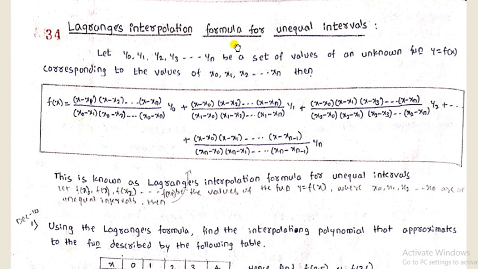Lagrange's interpolation formula for unequal intervals. Let y0, y1, y2, y3 and so on up to yn be a set of values of an unknown function y equal to f of x corresponding to the values x0, x1, x2, up to xn.